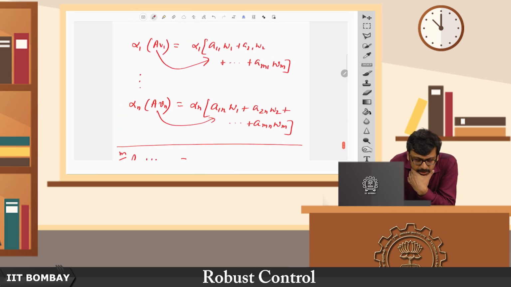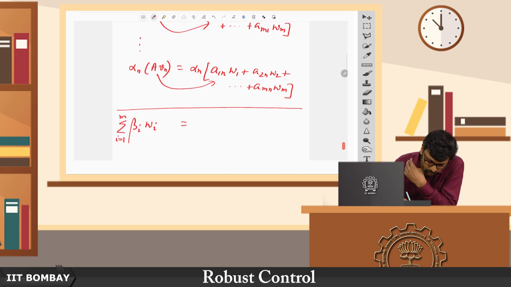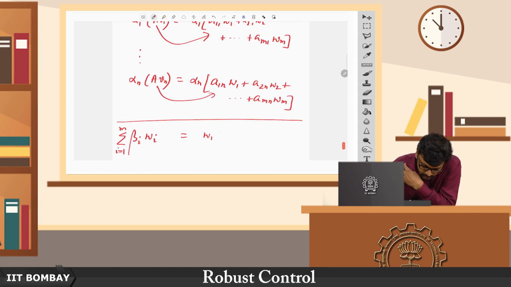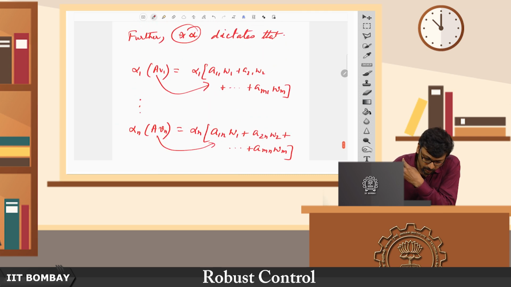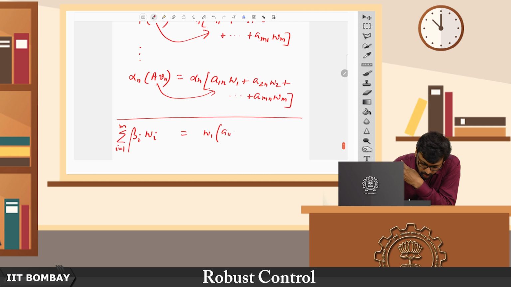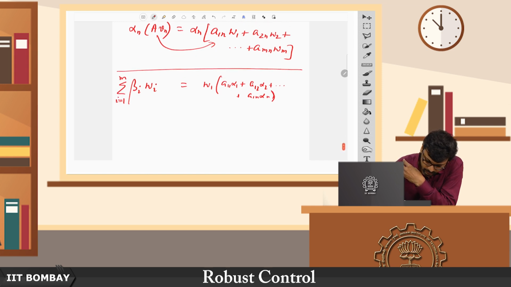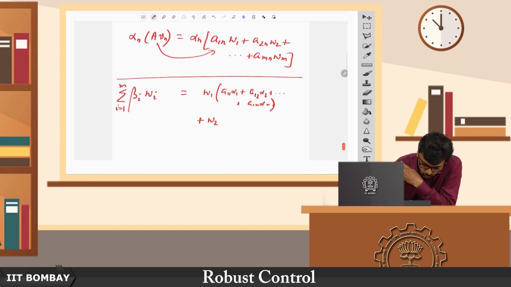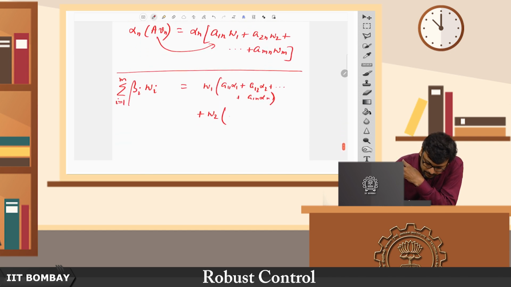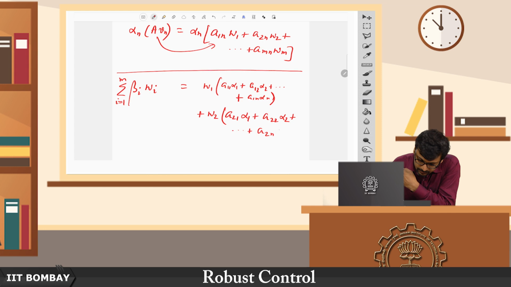And on the right hand side what do I have? Look, if I were to isolate the coefficients of W1, what would I get? I would get W1 and then within bracket I have A11 alpha 1 plus potentially A12 alpha 2 plus dot dot dot till A1n alpha n. Similarly, plus if I write W2, I would get A21 alpha 1 plus A22 alpha 2 plus dot dot dot till A2n alpha n.